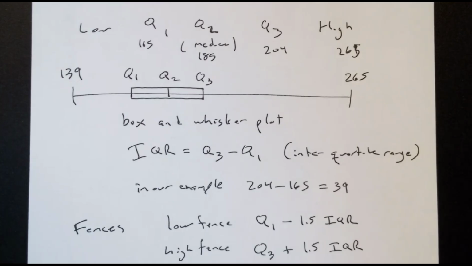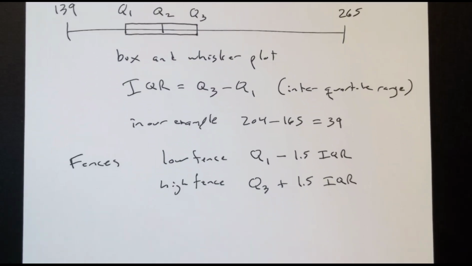Let's figure out numbers. Calculate for me. 165 is Q1, and it's minus 1.5 times 39. That is exactly it, Leo. So hang on and let everybody else do these calculations along with you.